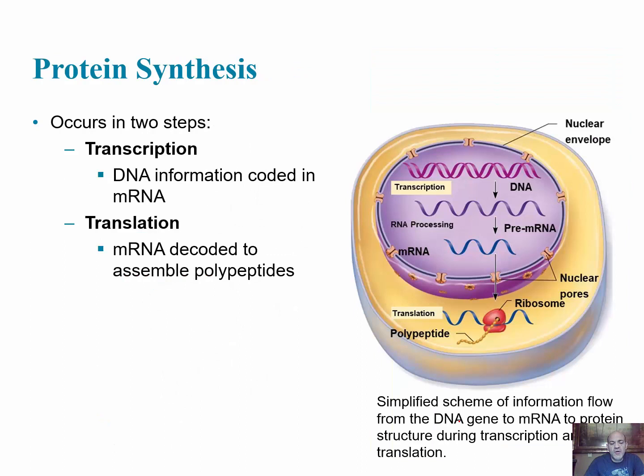So overall, we know that, as we've discussed, we have 2 processes. DNA, when we use it to make mRNA, that process is going to be called transcription, since we're in the same chemical language.